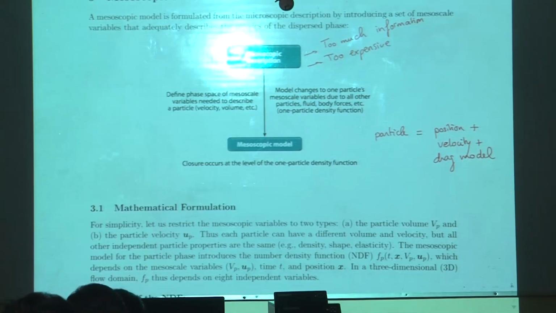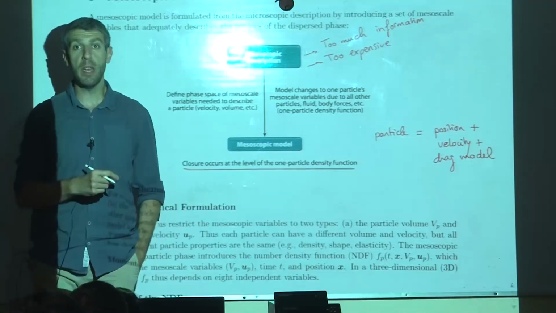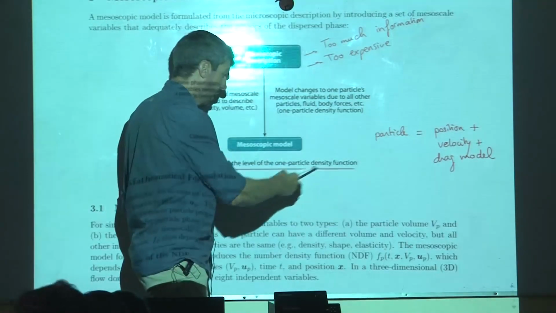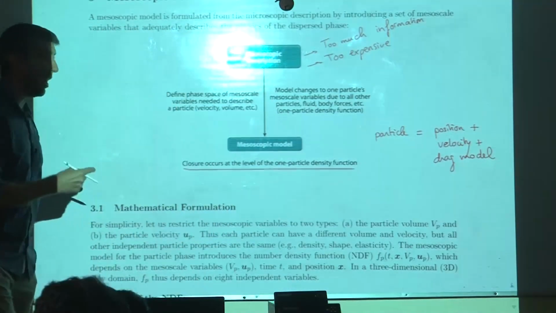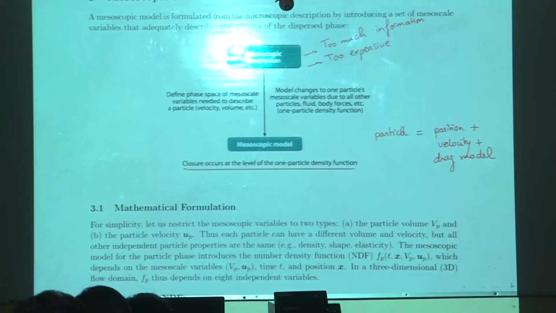There's a pretty important aspect that I have here, which is that in the context of Eulerian methods, we're going to think only about the level of a single particle. I haven't introduced that yet, but we're going to think about the prediction of a single particle.